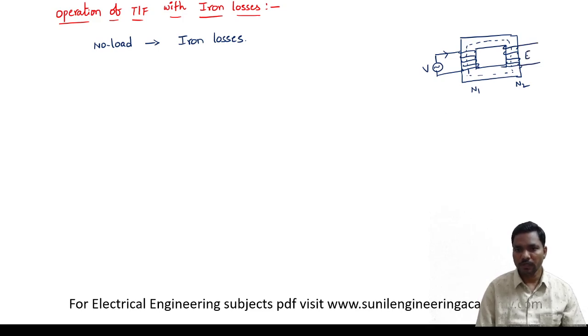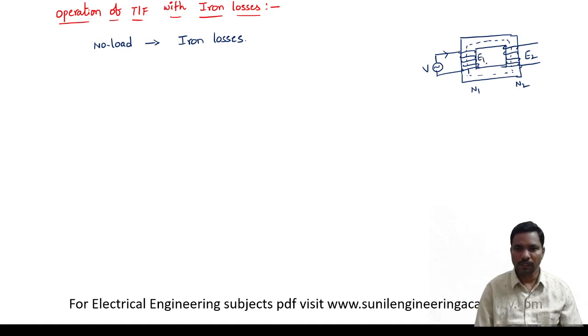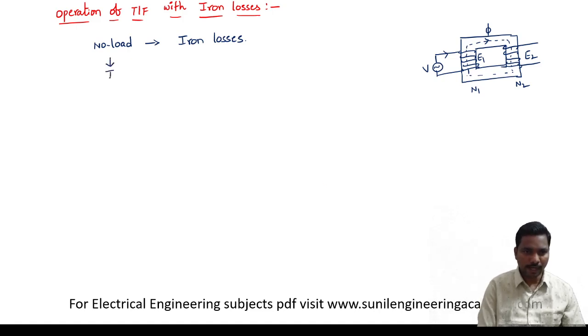So here we have the EMF E2. Here EMF E1 we have. So flux is flowing. No load, let us take the no load current as I naught.